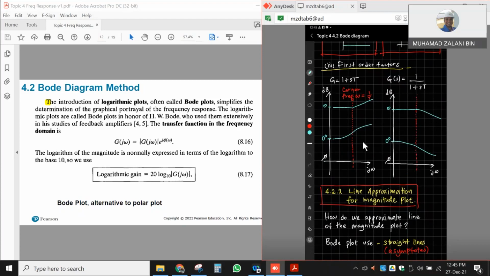For the phase angle, it also starts from 0 and then decreases toward infinity as omega increases. It is actually the opposite relationship between 1 plus sT and 1 over 1 plus sT for the first order factors. So you should expect the Bode plot like this for the corresponding 1 plus sT or 1 over 1 plus sT. All right.